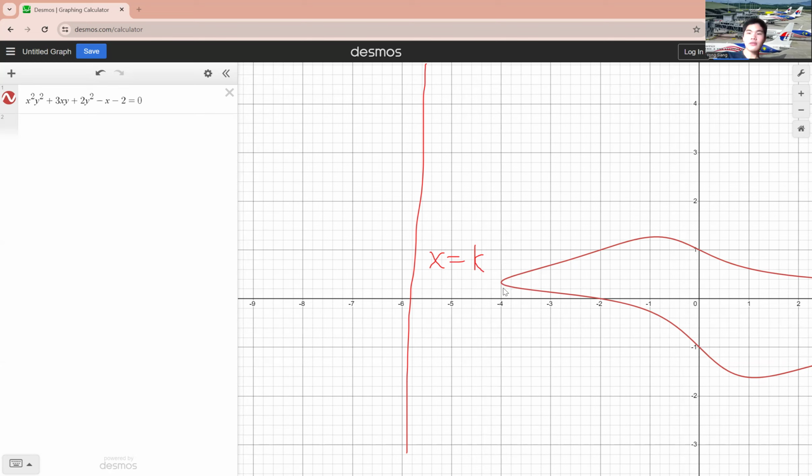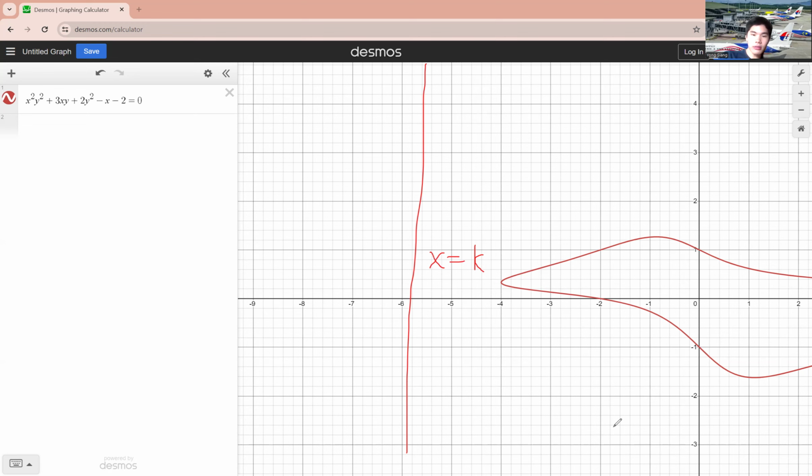Which means if you try to solve simultaneously, there are no real solutions, right? Because there are no real solutions, I'm going to use the discriminant and show that the discriminant is less than 0.